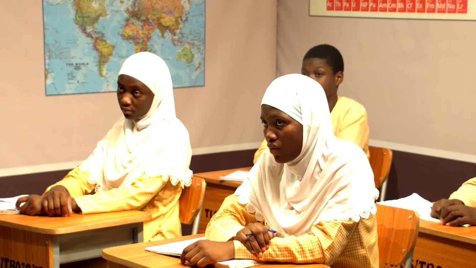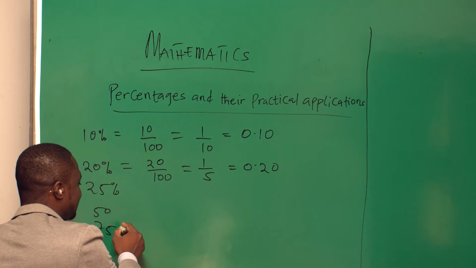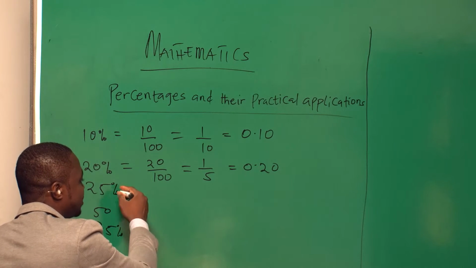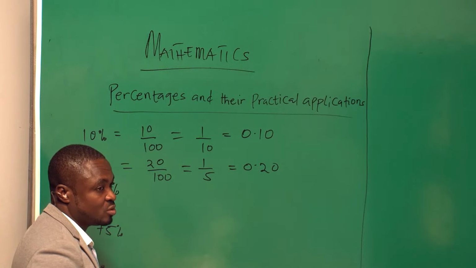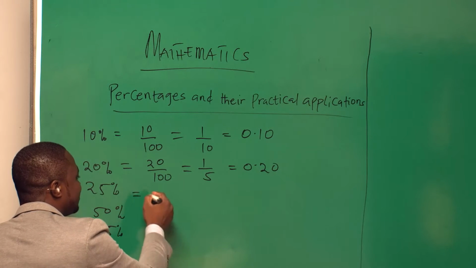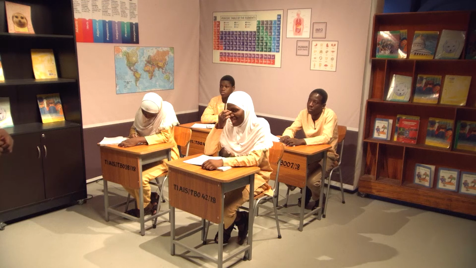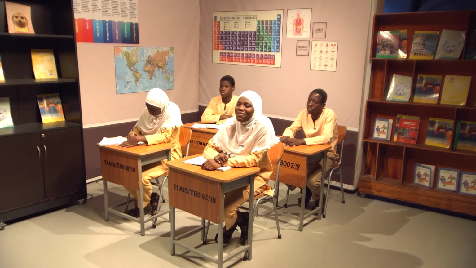25%, then 50%, 75%. I will do the 25% with you so that you try the 50% and 75%. Okay. Samira, the 25%, how do you do it? 25 over 100.